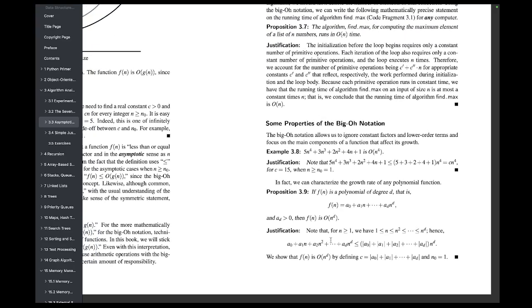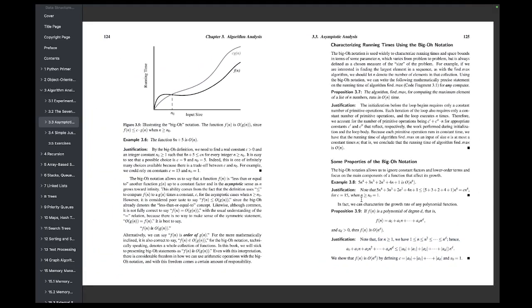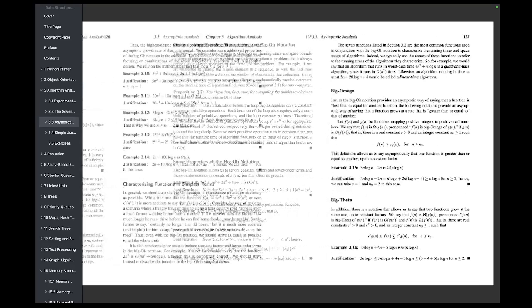Okay, we don't need the proof. We can just say if f of n is a polynomial of degree d, then it is O of n to the d.